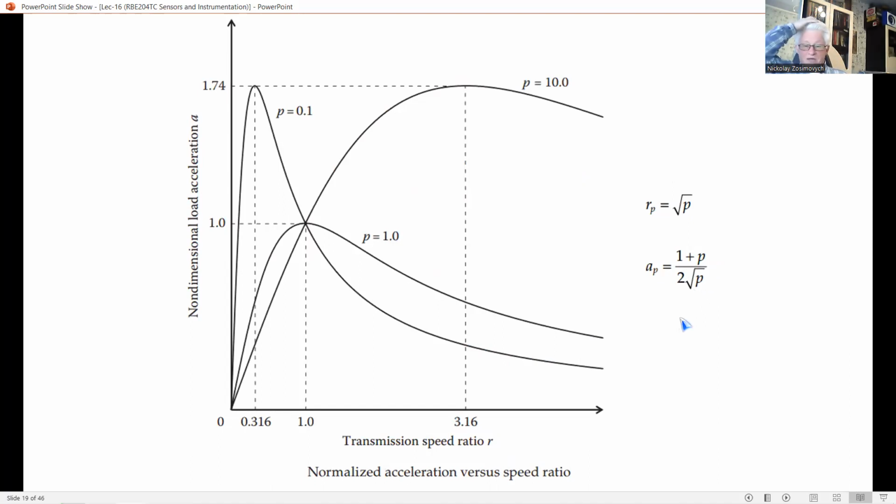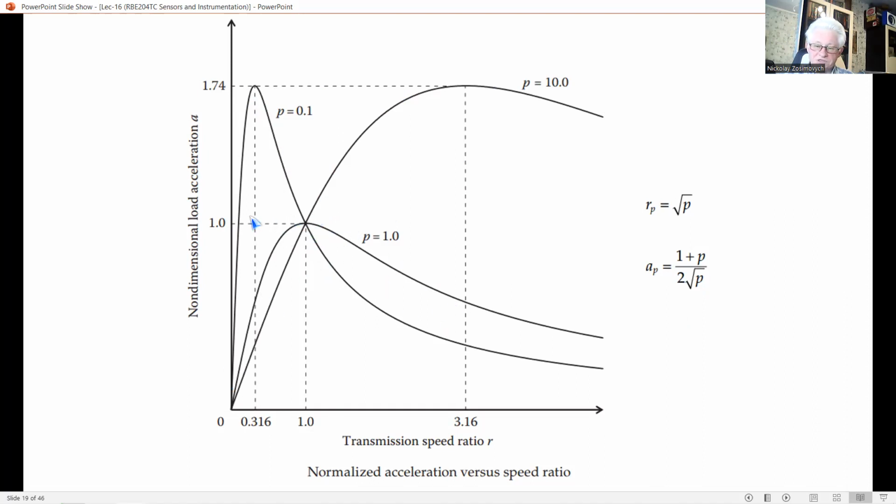Also note from the equation here, when R equals 1, we have A equal to 1 for any value of P. Hence all curves in the equation will pass through the same point, where the transmission ratio R equals 1 and A equals 1. Here we sketch this equation for different P: P equals 10, P equals 0.1, P equals 1.